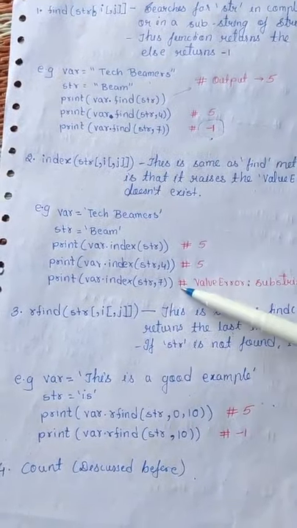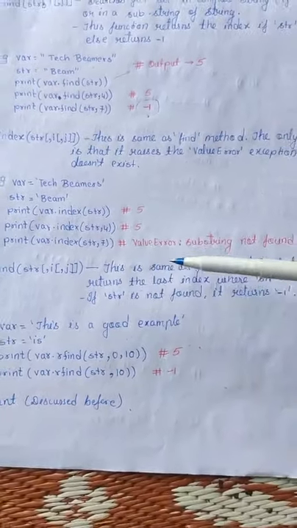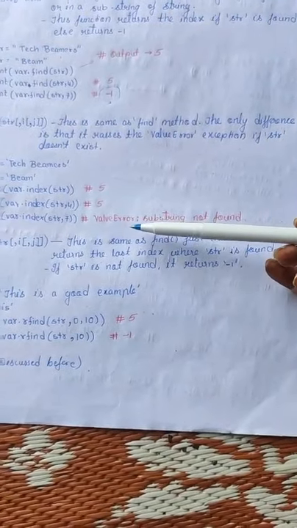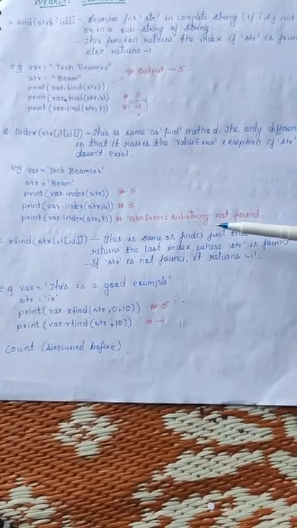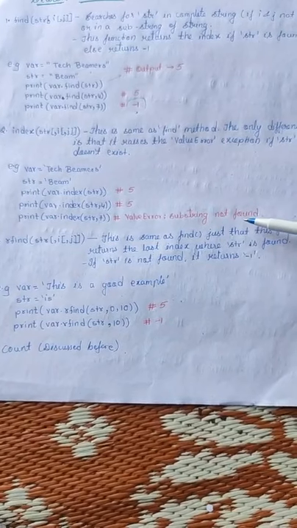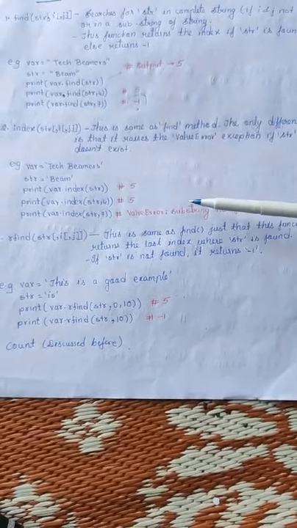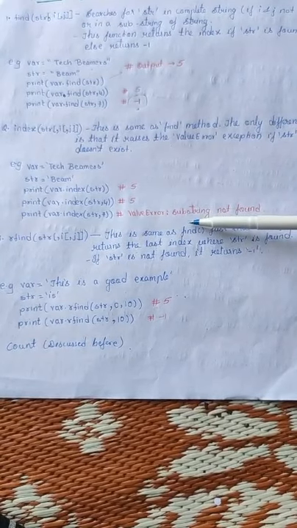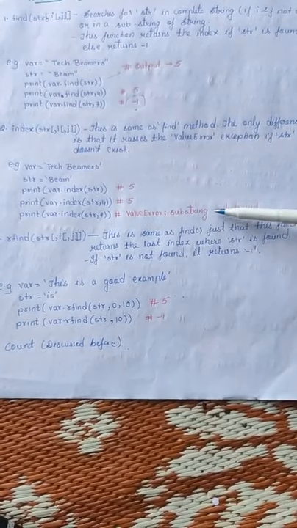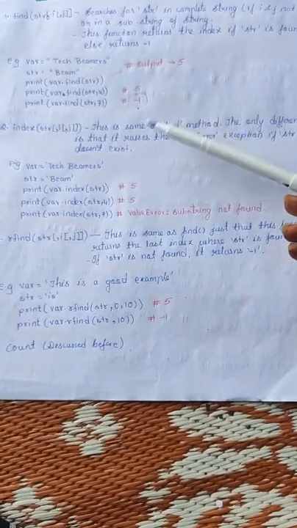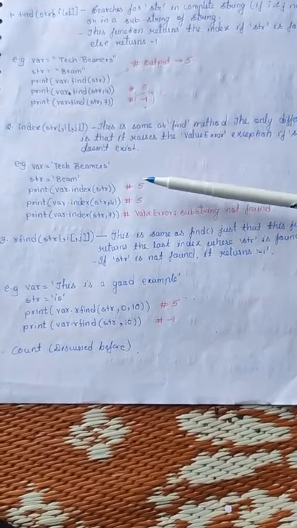But the index function will give me a ValueError, that means substring not found. Here it properly gives an error that the substring is not found. This is the only difference between find and index.